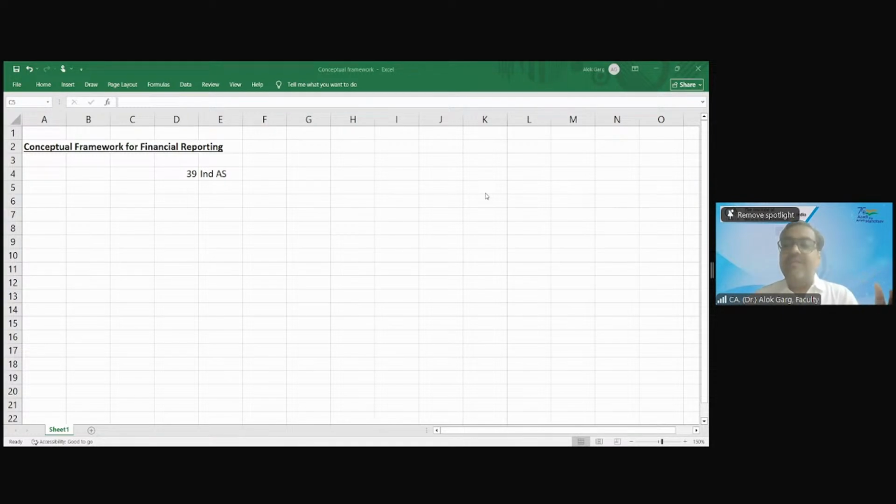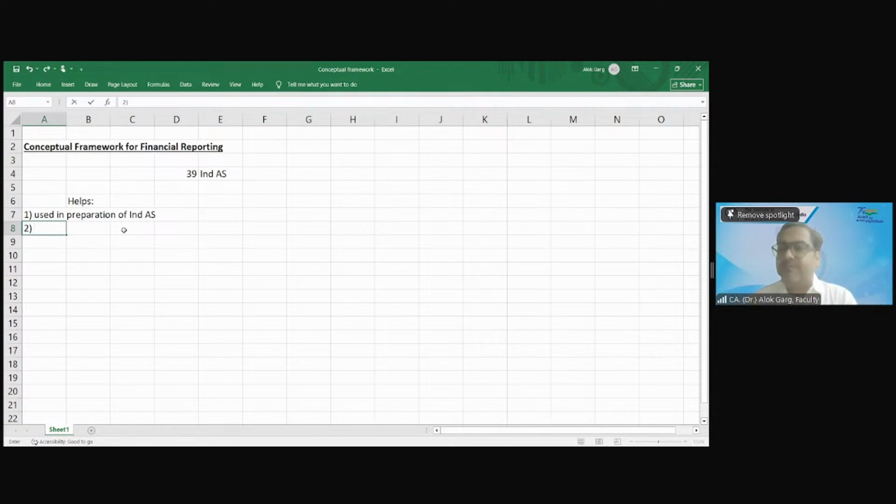So friends, this conceptual framework for financial reporting is helping in 3 ways. What is the purpose of this conceptual framework for financial reporting? It helps in 3 places. Where does it help? Help number 1: it is used in the preparation of Ind AS.